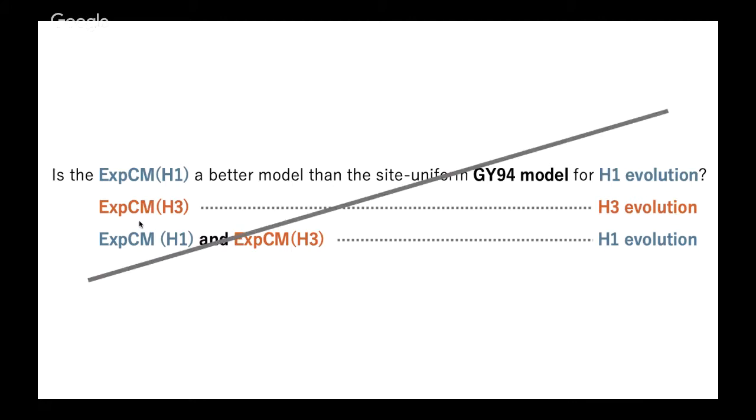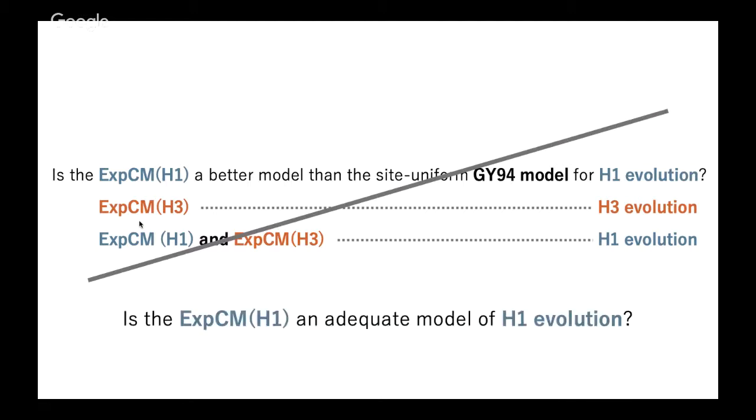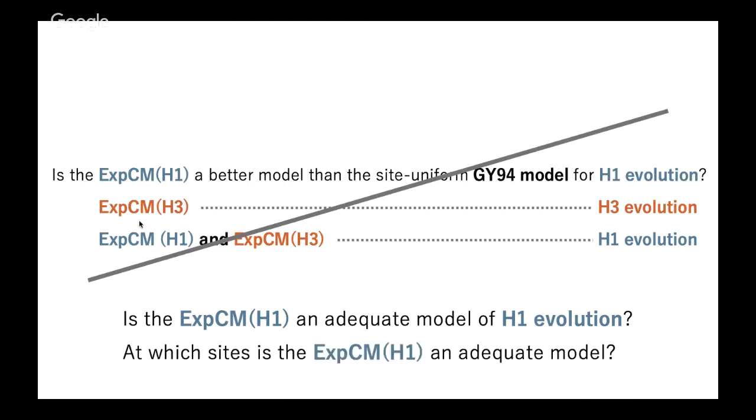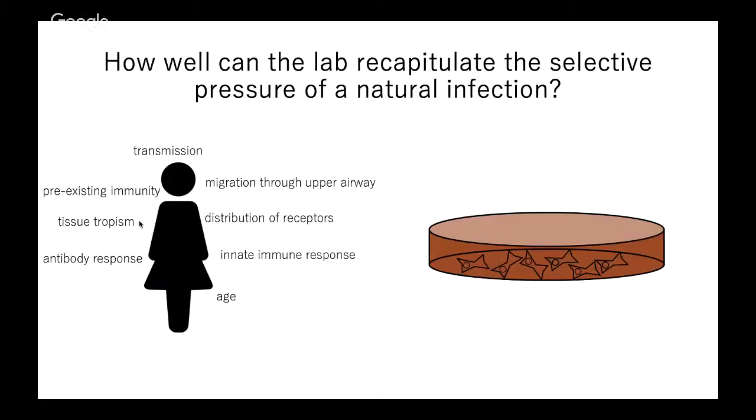So we want to shift our analysis towards asking questions like, is the ExpCM an adequate model of H1 evolution? And more specific questions like, at which sites is the ExpCM an adequate model of this evolution? And for our site-specific models, this site-specific evaluation is important.